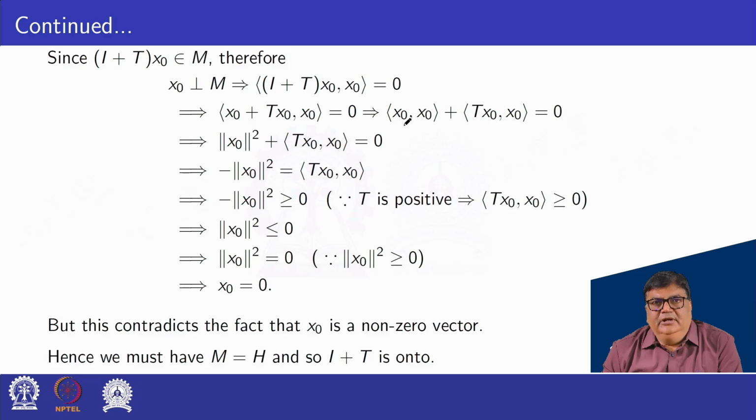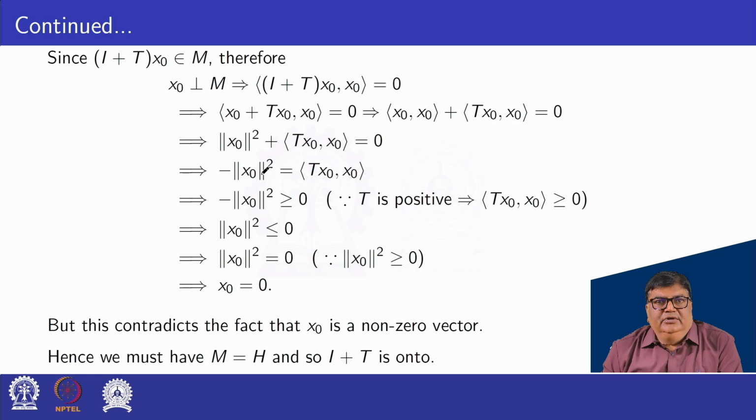As per the additive property of inner product, this is inner product of x0, x0 plus inner product of Tx0, x0 equal to 0. This is norm x0 squared plus inner product of Tx0, x0 equal to 0. That is, minus norm x0 squared equals inner product of Tx0, x0.